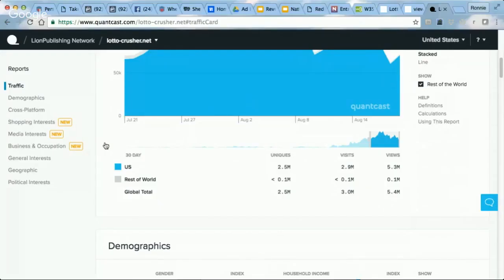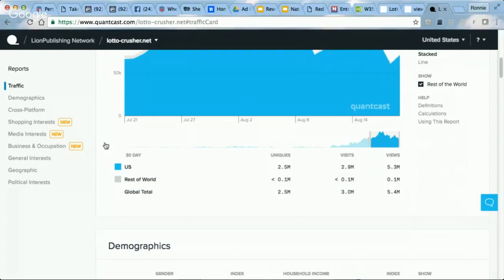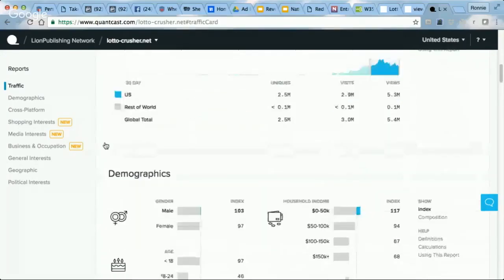This is where instincts come in, because people aren't really coming back to the site a lot to visit. 2.5 million unique people, and then 2.9 million visits. So it's not like Huffington Post where they'll have 1 million unique visitors, but like 50 million page views. People are really just coming to this site and either buying something or not. So we're like, whoa, okay, this is direct response advertising here.